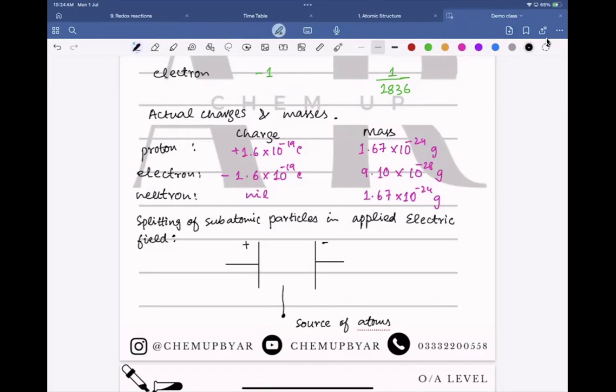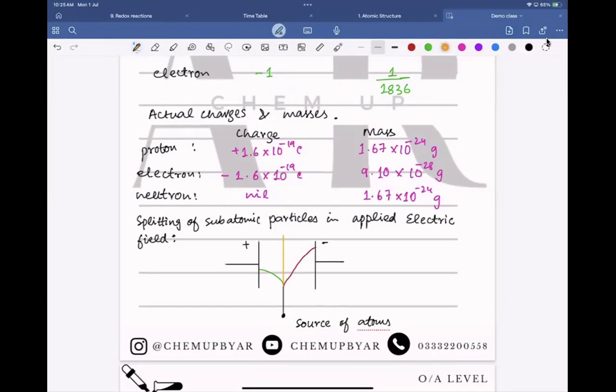As it reaches the electric field, some particles split and are deflected towards the negative plate. Some particles deflect towards the positive plate. And some particles move straight.